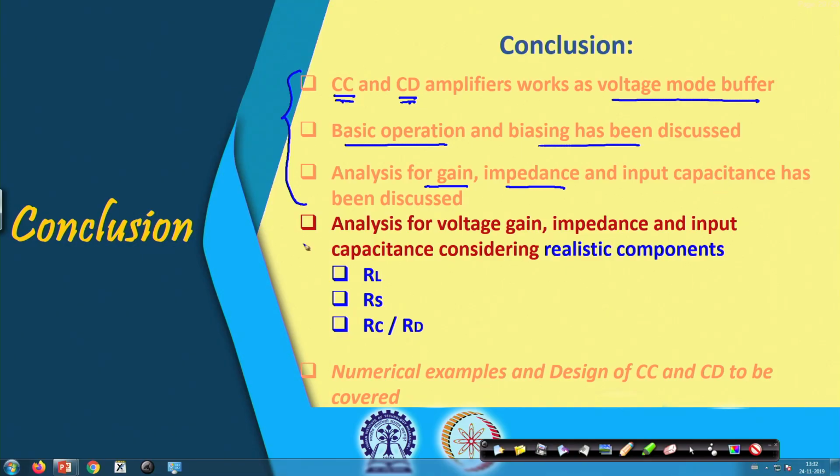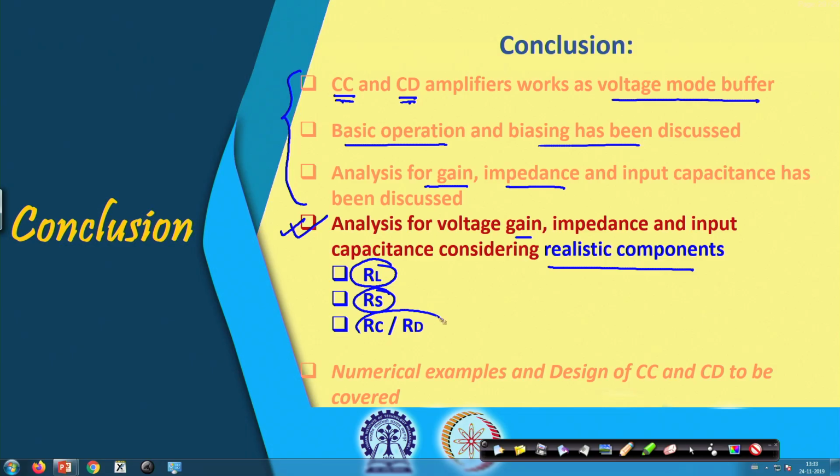And today we have done the analysis considering realistic components to get the voltage gain, impedance and input capacitances. Realistic components are the load resistance, which may be connected at the emitter or the source of the transistor, respectively for BJT and MOS transistor, and then the source resistance.